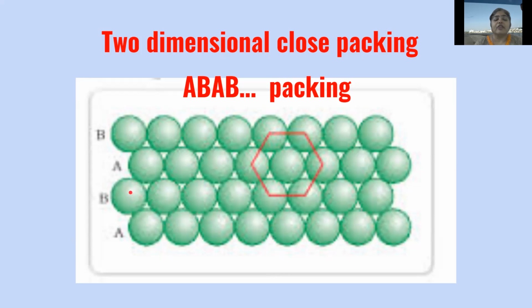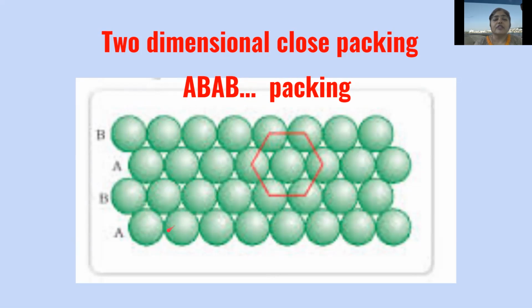This makes the alignment of the second row different from the first. So the first row is row A, the second row is row B. Then again the third row becomes identical to the first, so I can once again call it row A. The fourth row becomes identical to the second, so I can call this row B and so on. So this type of packing would be called AB type of two-dimensional close packing.